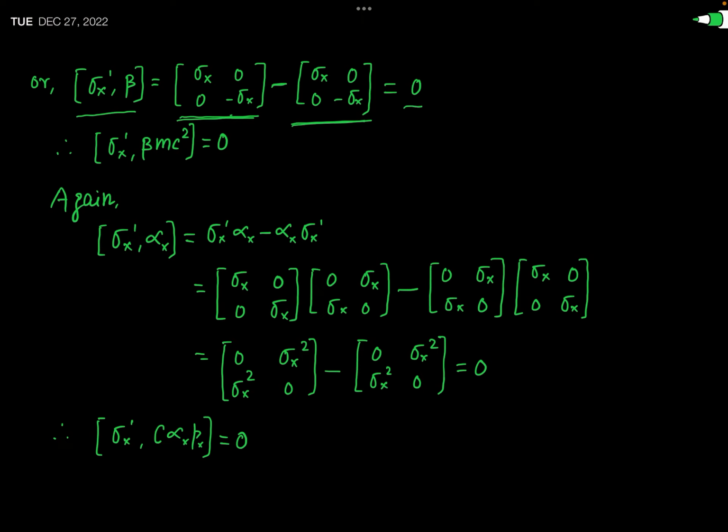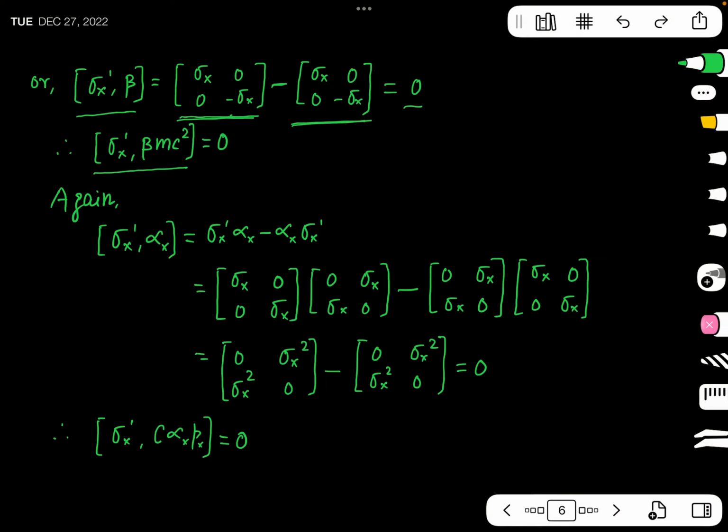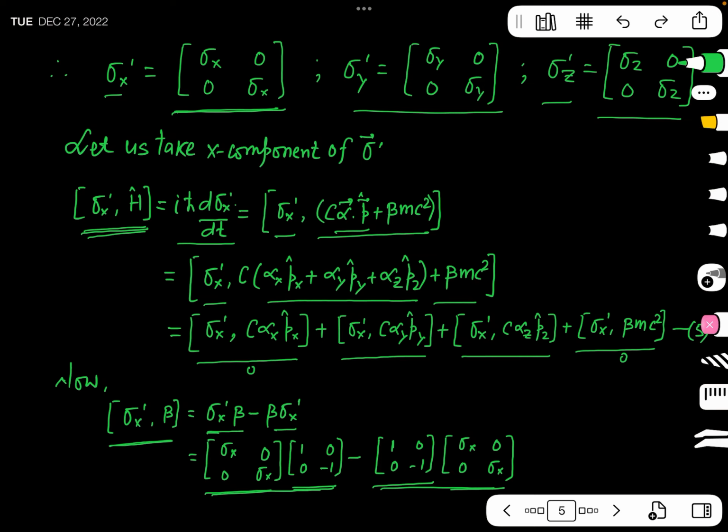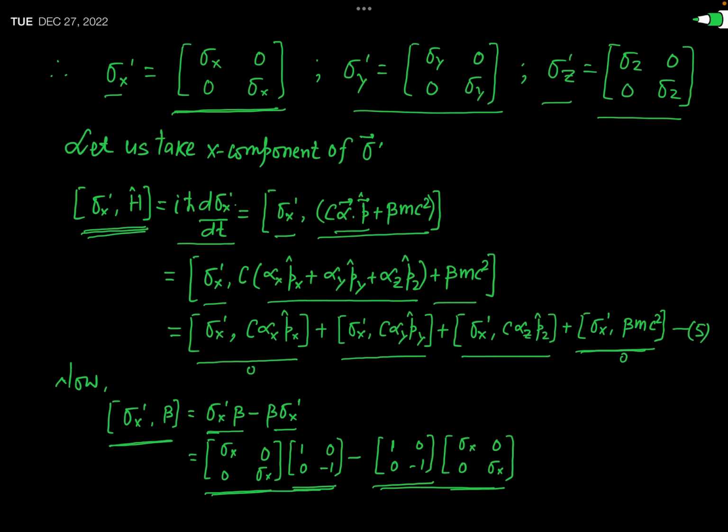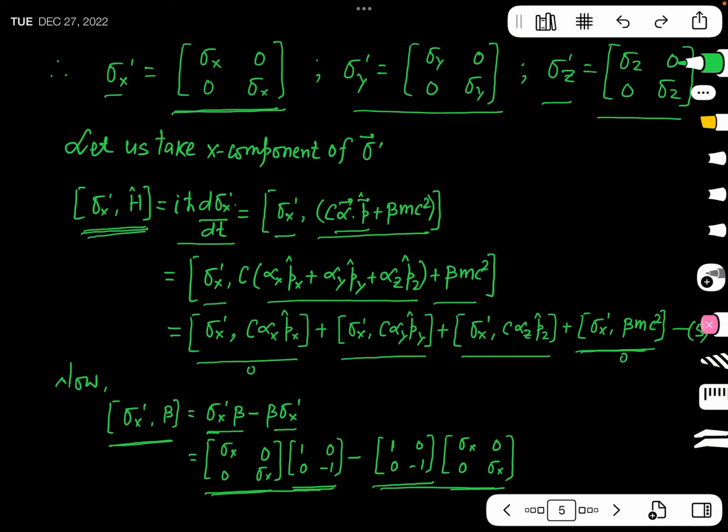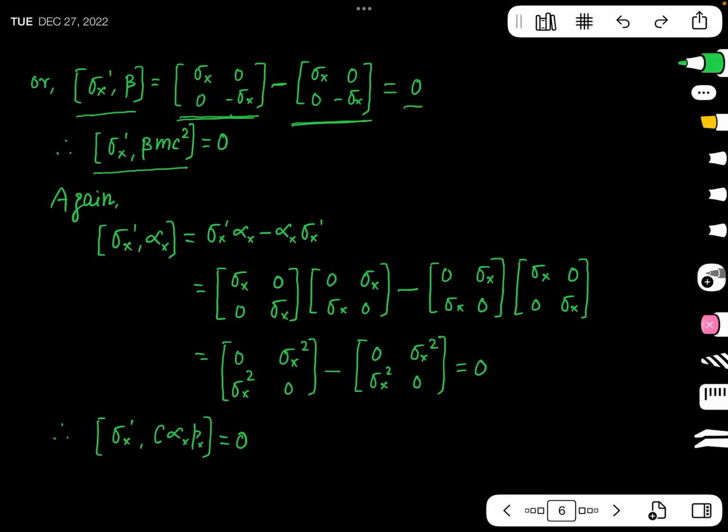Now m c square is a constant factor, so as the commutator of sigma x dash and beta is 0, the commutator of sigma x dash and beta m c square will also be equal to 0. So as I told you, this last term will vanish, and you can see that I have proved how this is 0.